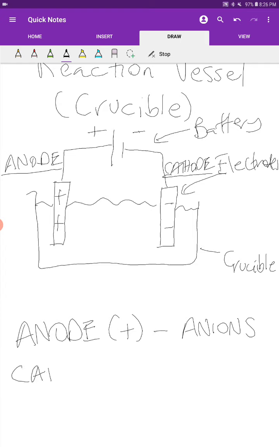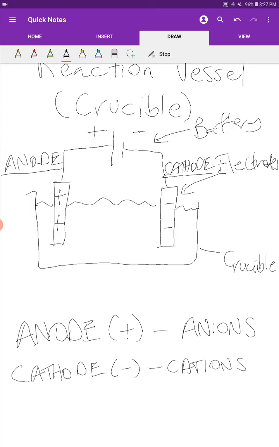And the cathode is the negatively charged electrode because cations always move to the cathode. So cations become attracted to the cathode. Cations are positively charged ions. Positively charged ions are obviously going to move to the negatively charged electrode.